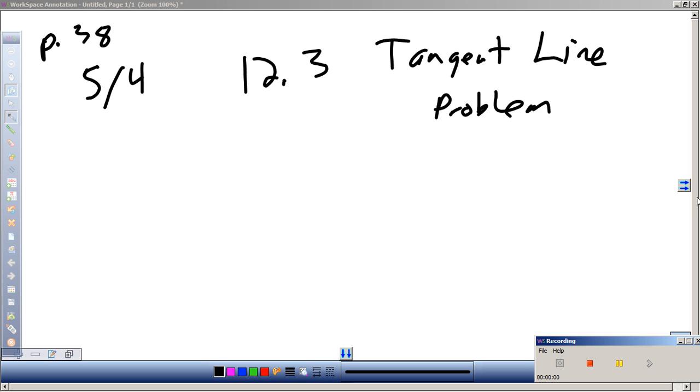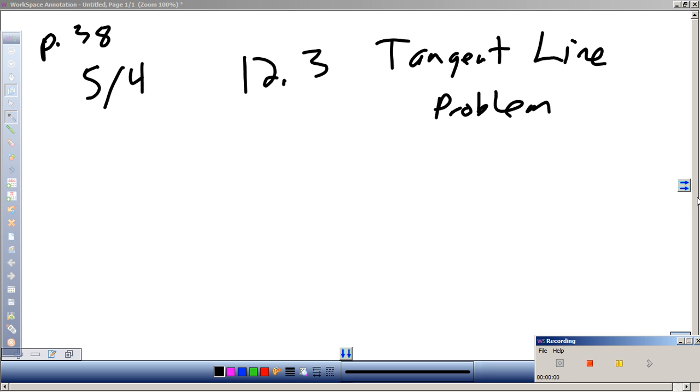Like I said last time, this is one of the problems that would cause the invention of calculus. It's something known as a tangent line problem. So, what is a tangent line?